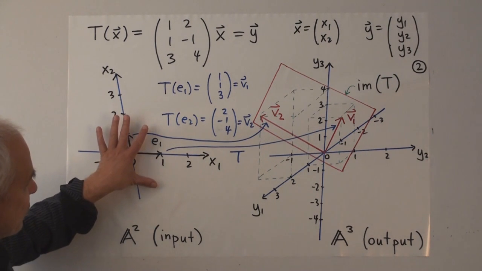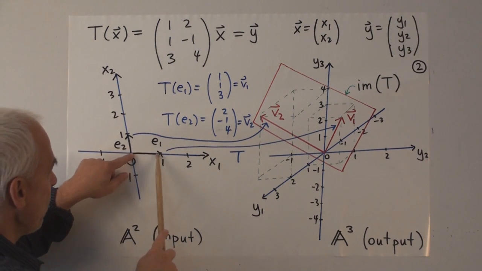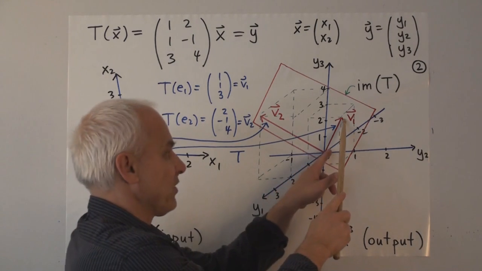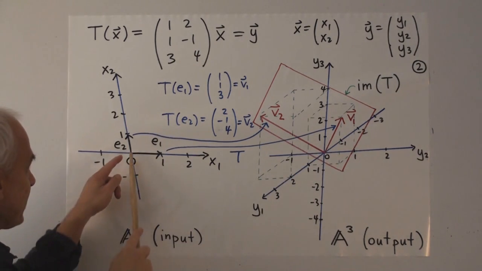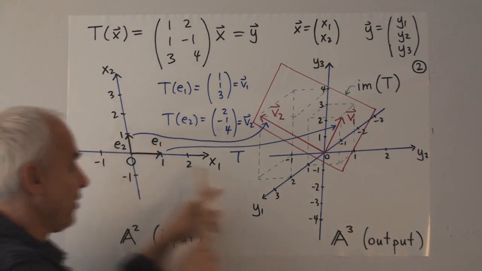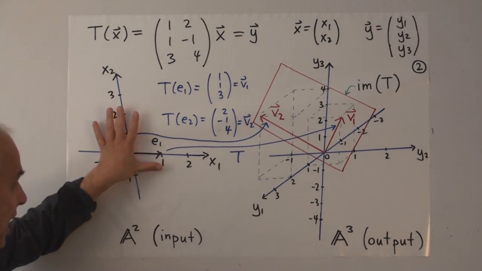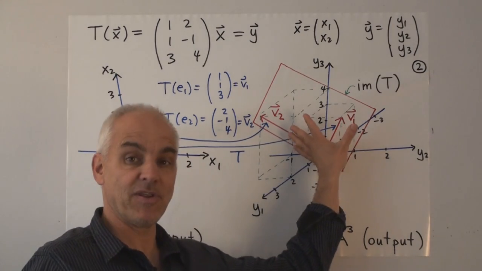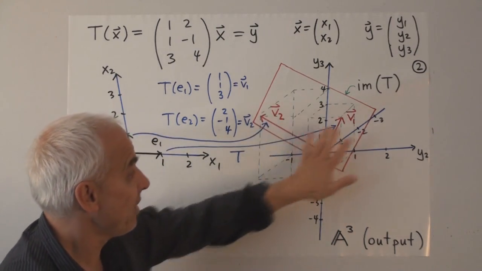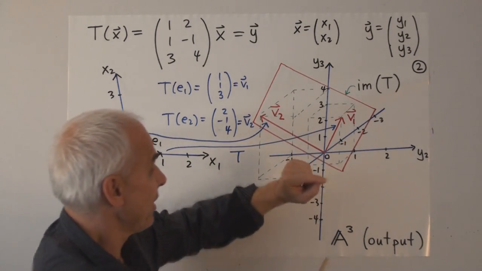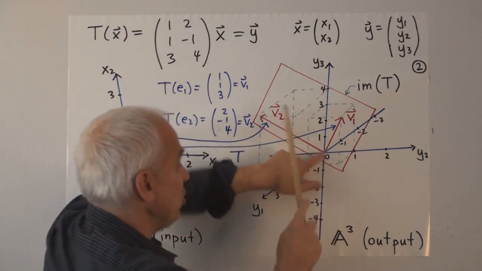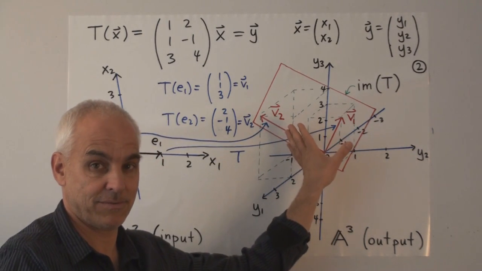So what we know about this transformation is it sends e1, this vector here, to the vector v1 over here. And it sends e2, this vector here, to the vector v2 over here. So it takes this entire plane and maps it onto the plane in three-dimensional space spanned by these two particular vectors.